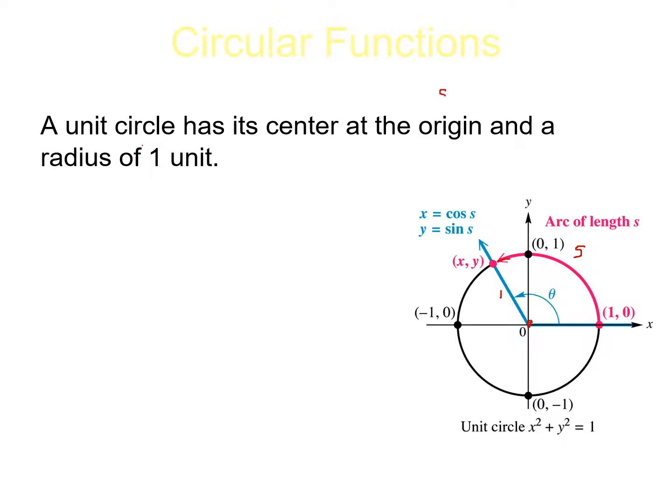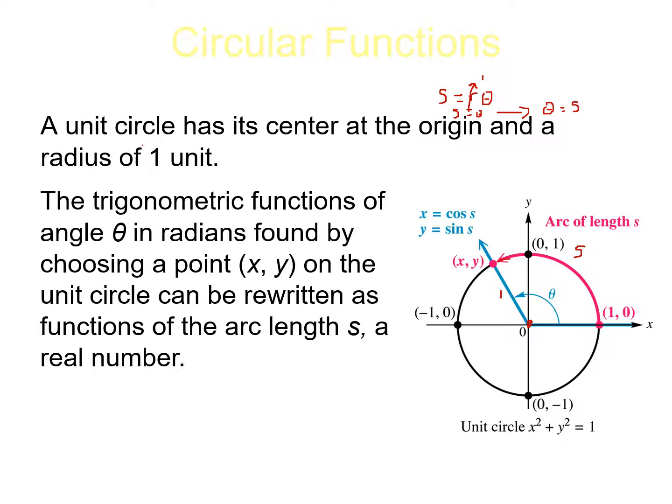Remember we had S is equal to R theta, but when R is 1, S is equal to theta. So in our trig functions, we can make the substitution that theta is equal to S. We're going to do that to rewrite our trig functions on the unit circle in terms of the arc length S instead of necessarily theta.